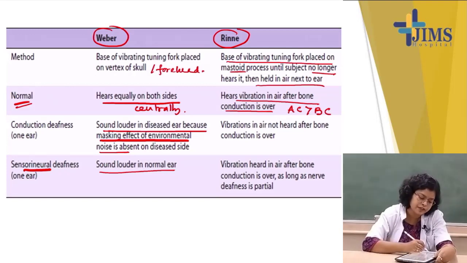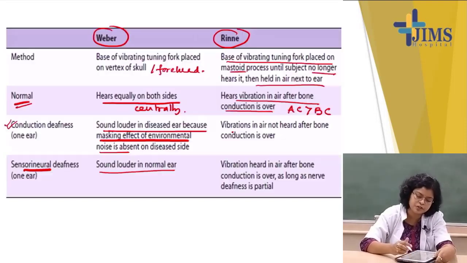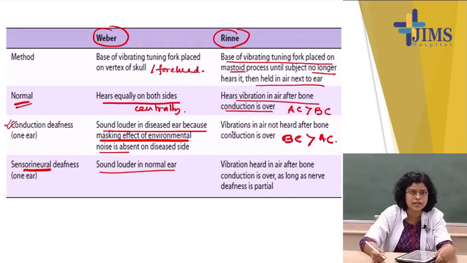Okay. Now what will happen in conductive deafness? In conductive deafness, there is a problem in conduction. So here the vibration in air is not heard after bone conduction is over. So here bone conduction is more than air conduction. And in sensory neural deafness, what will happen?